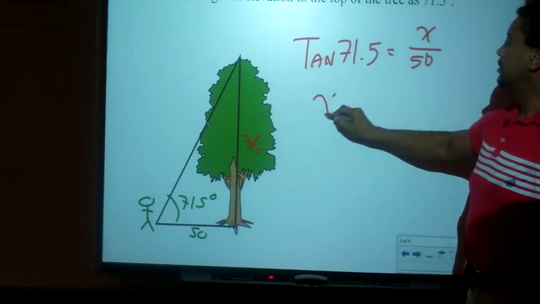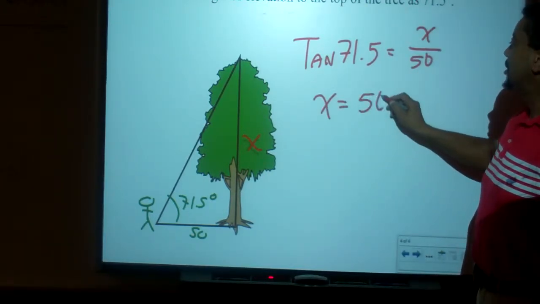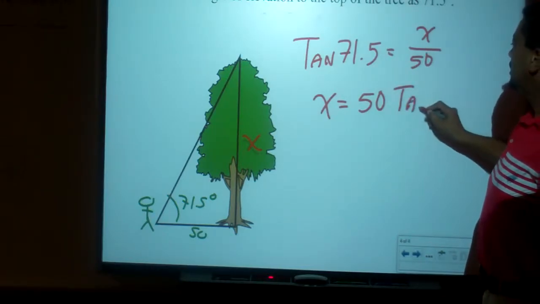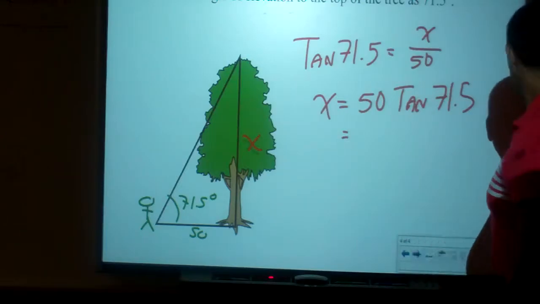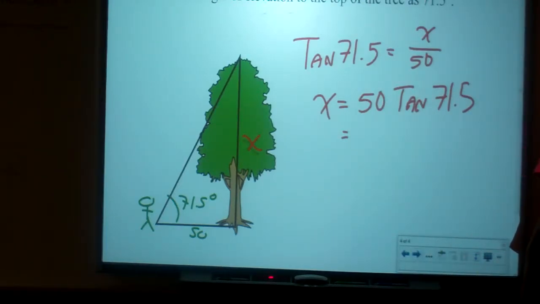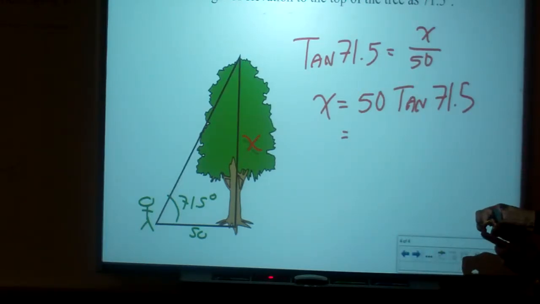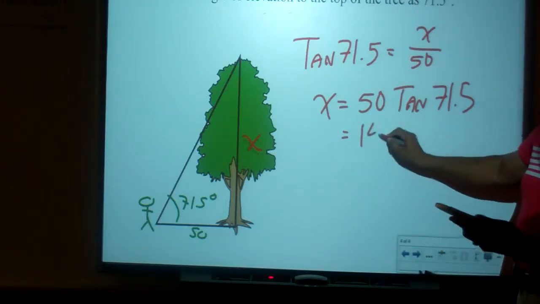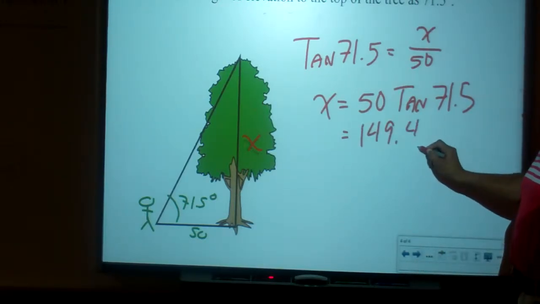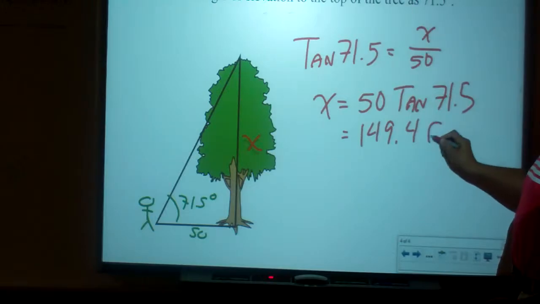We'll multiply. x is going to be equal to 50 times the tangent of 71.5 degrees. So if you plug that into your calculator, you're going to get 149.4 feet.